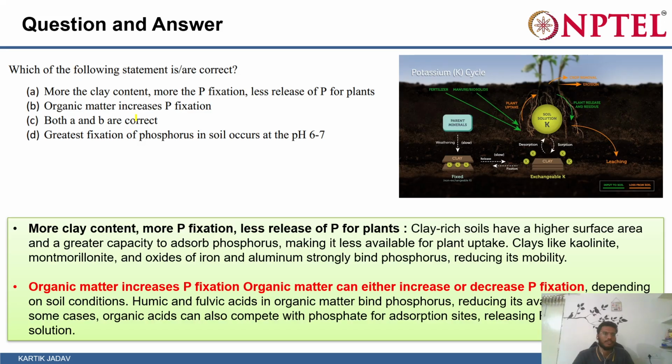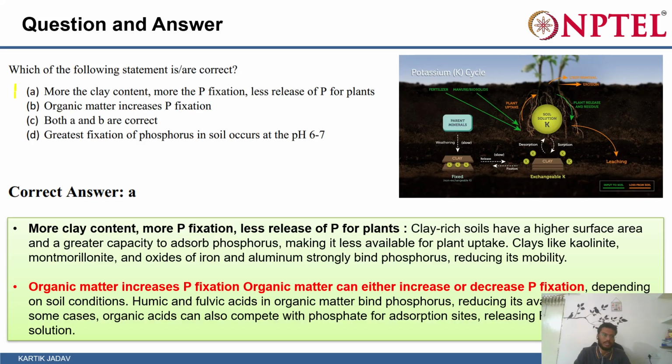Next question, which of the following statements are correct? The more clay, the more phosphorus fixation, and less release of phosphorus for plants. So yeah, this is the correct answer because we know that if there is a higher clay content, that has a higher cation exchange capacity, meaning higher soil silicates, and that generally allows more phosphorus fixation, and that releases less phosphorus for plants.